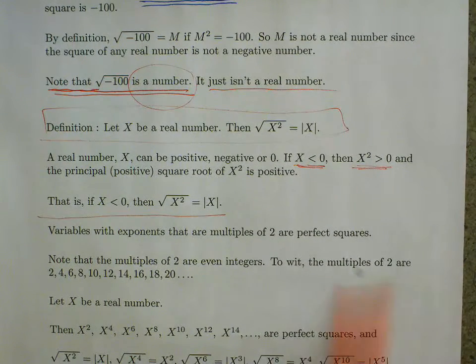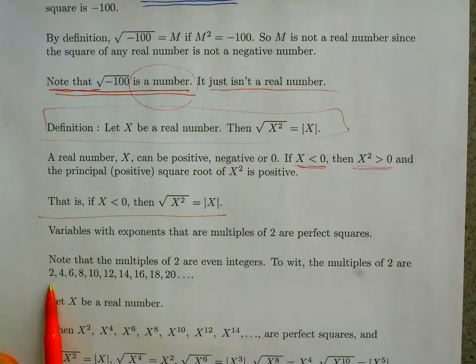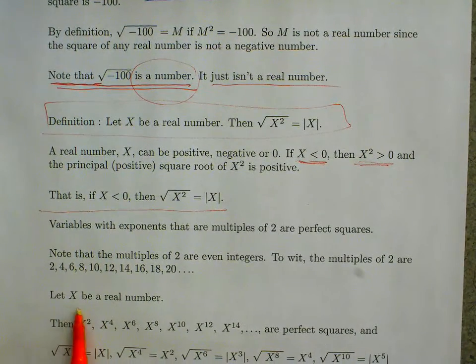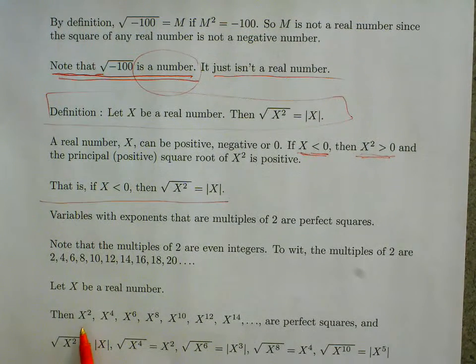So the first few even positive integers are 2, 4, 6, 8, 10, and so on. So if x is a real number, we regard x raised to an even exponent as a perfect square. If the exponent on a variable is even, it's considered a perfect square.